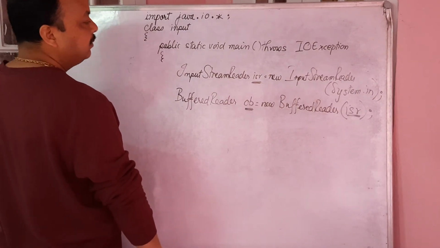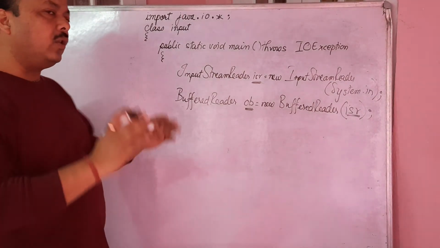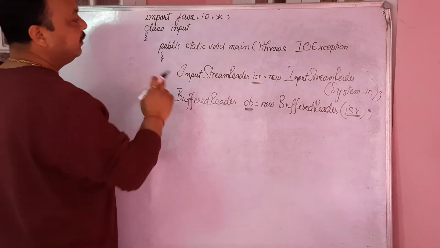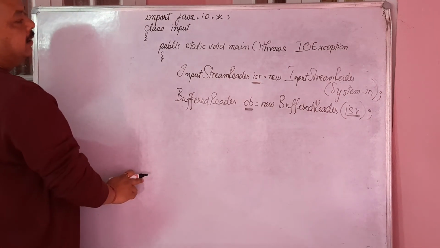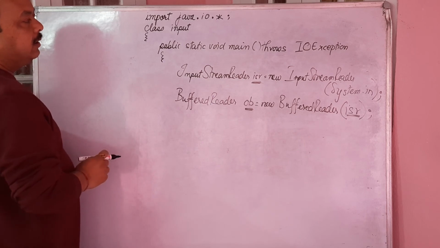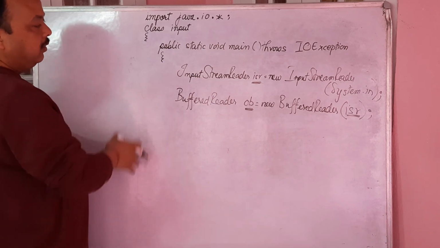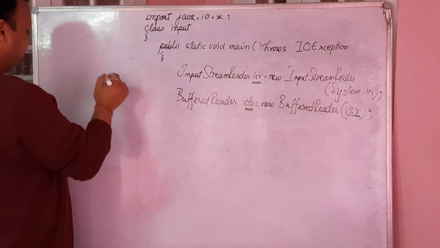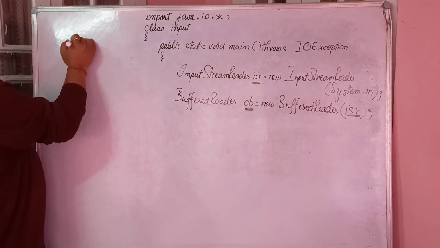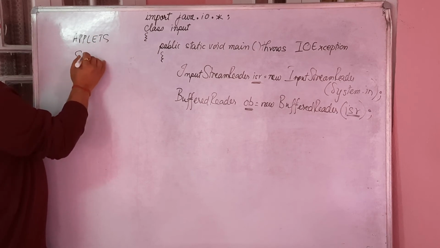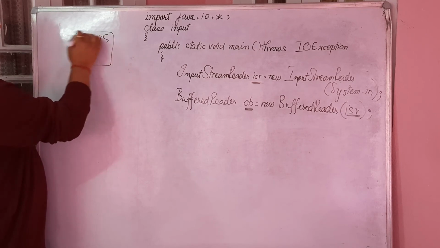Once the data comes, remember that the data is in raw form, and remember that interactive input in Java, we know that in Java you can write both applets as well as standalone programs.